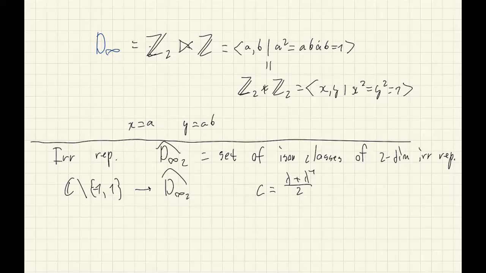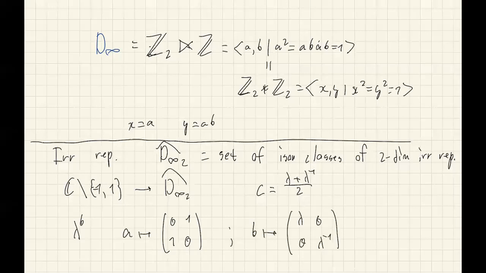The representation for this C is denoted as rho lambda, and A acts like this matrix in it, and B acts as the diagonal matrix.